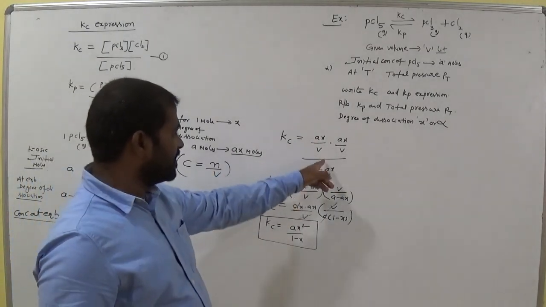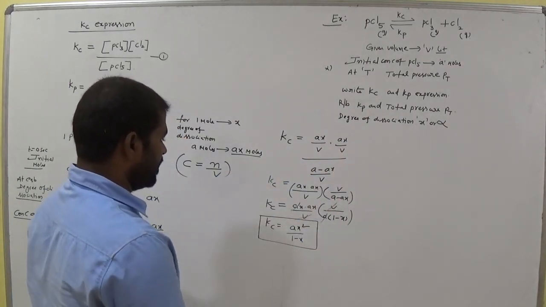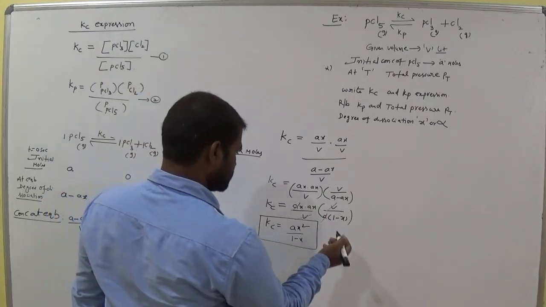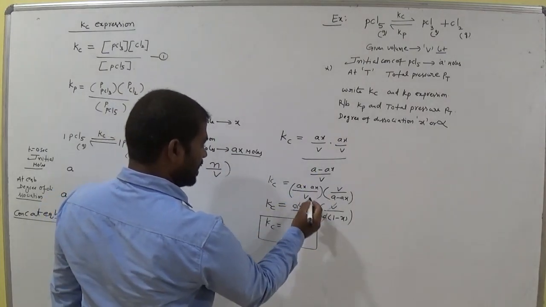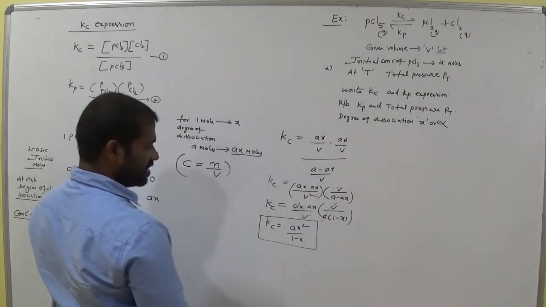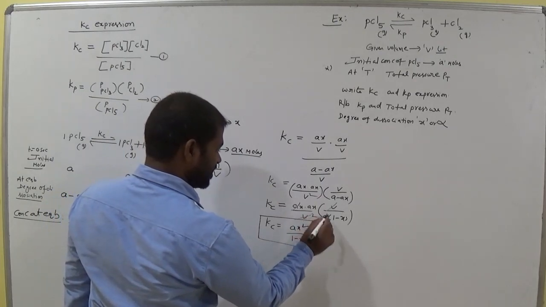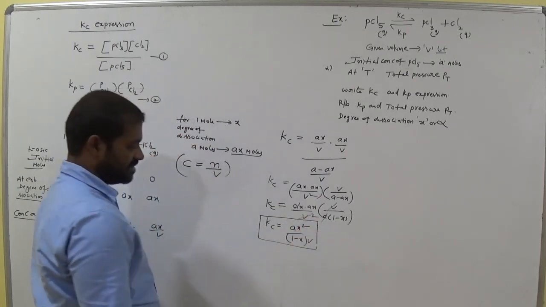Here Ax by V, Ax by V, into V, it is V square, and we have one more V here in the numerator.